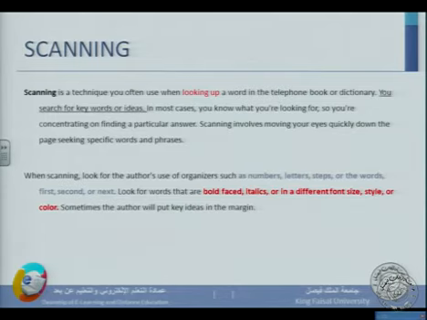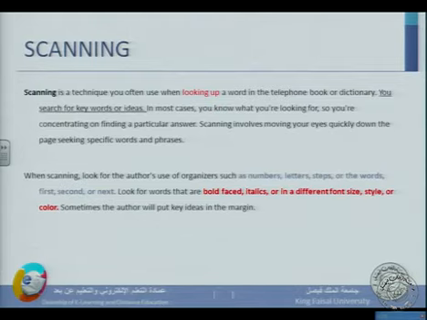You scan or read quickly. So you make your eyes move quickly until the end of the page. This is what we call scanning. Scanning is used to find something about numbers, letters, steps, words, dates, or italics.